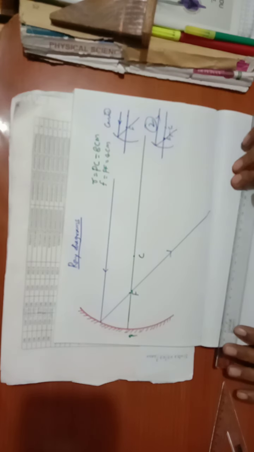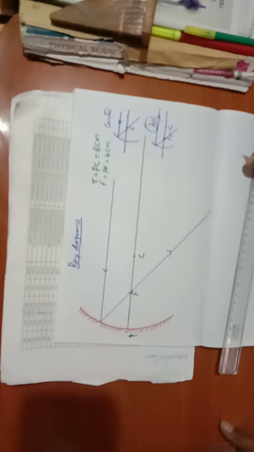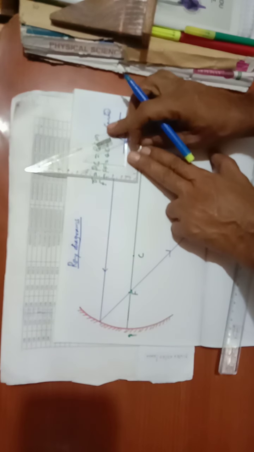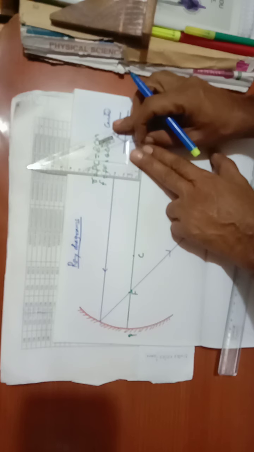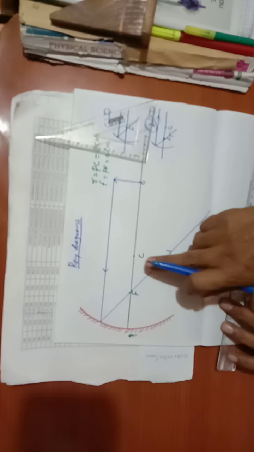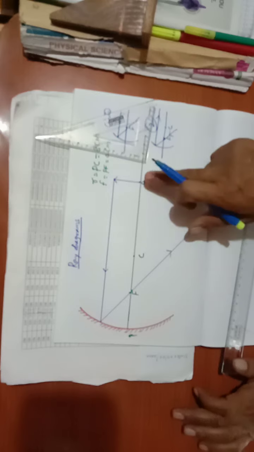So I am drawing that again. Here we have taken a 3 centimeter object, and I am taking an object here, and this is the object, and it is beyond C. The object is beyond C. So the topic name is, what is that?